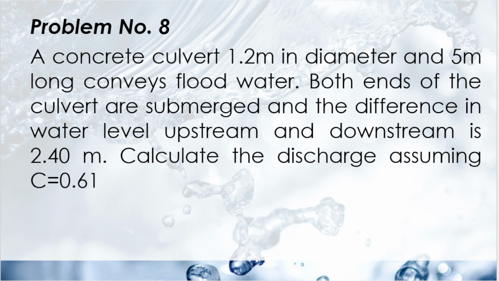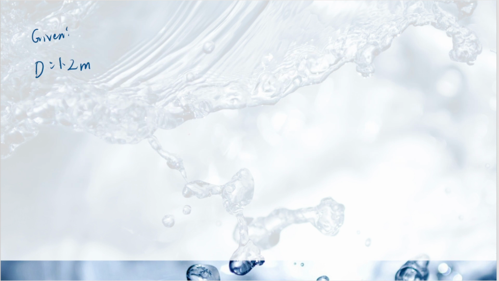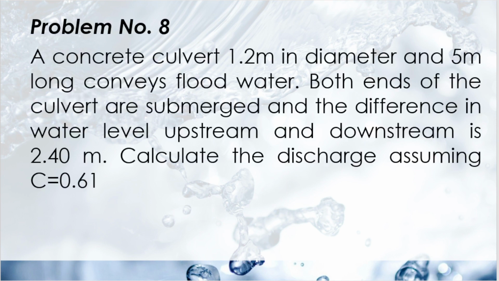We have the level of the downstream in relation to the upstream, from the upstream to the downstream, which is 2.4 meters. In short, this is z sub 1 minus z sub 2, which is equal to h. Right? So that is 2.4 meters. We still have the C, or the coefficient of discharge, as 0.61.